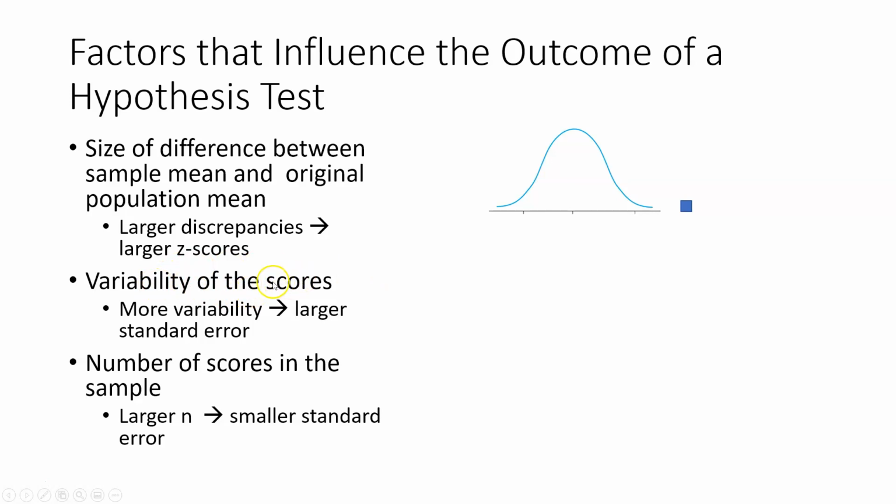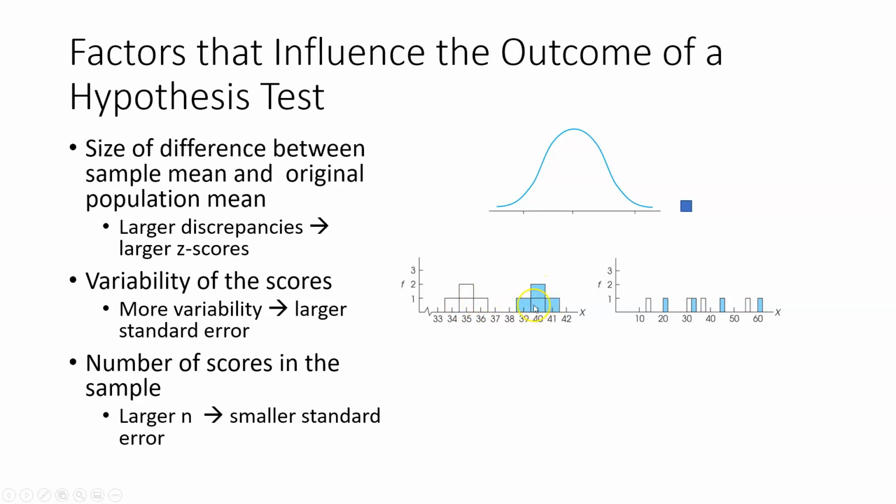Variability of the scores can also make you more or less likely to reject the null hypothesis. If you have more variability, that yields a larger standard error. So remember, we had this figure in an earlier module where if the sample here has scores that are all clustered together and a treated sample has scores that are also clustered together, then there's limited variability within each group, because they're all clustered close together.